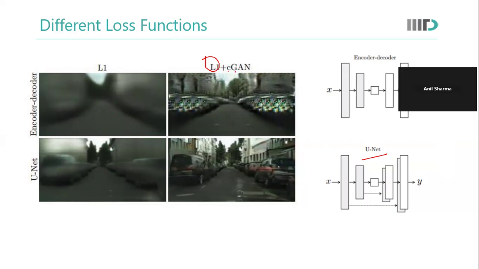But when we do GAN plus L1 loss, things are a little better. Here you can see there are different objects, but they are not clear. In the traditional encoder decoder it is unclear, but in the UNet you can say yes, these are cars. This is how the different components of the loss function help. They have shown this in their paper.